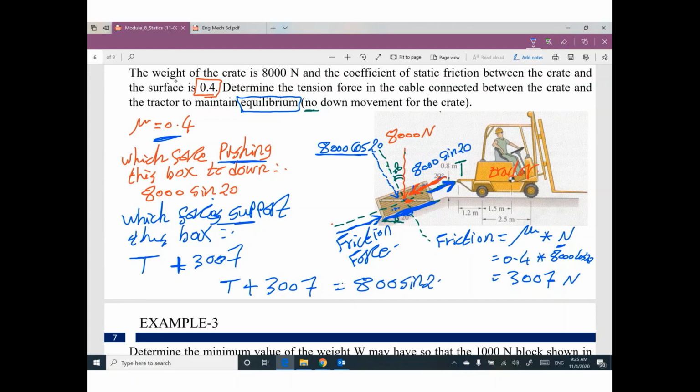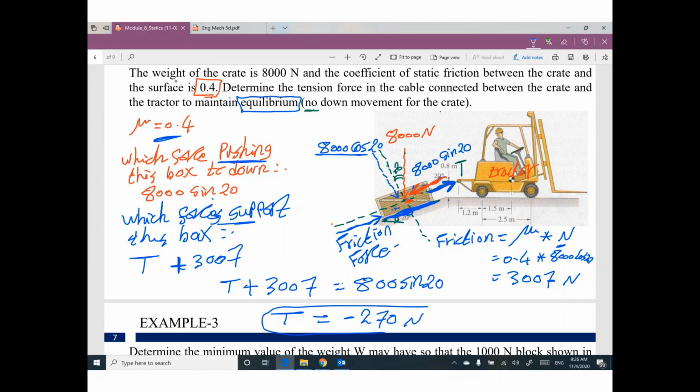The only unknown in this equation is T, which is the tension force required in this cable to maintain equilibrium. This value of T equals negative 270 Newton.